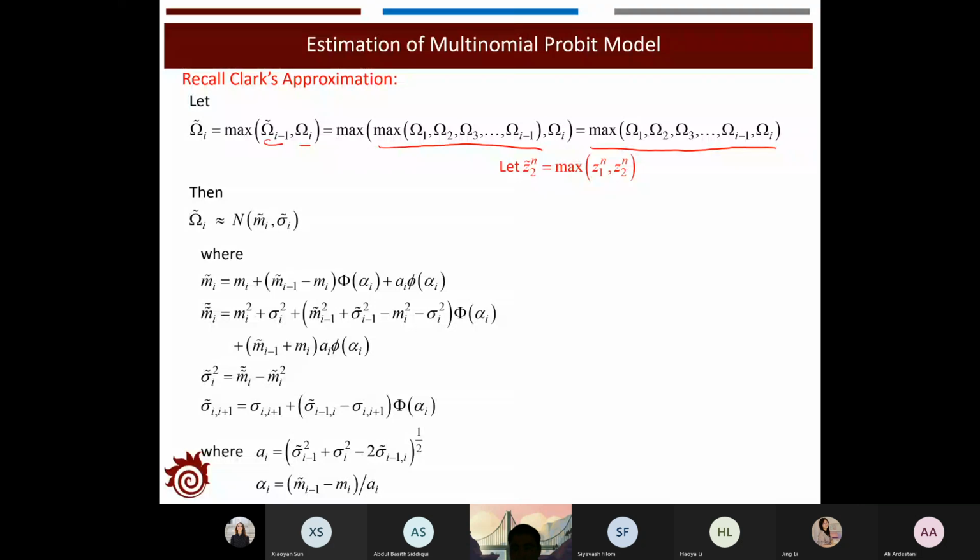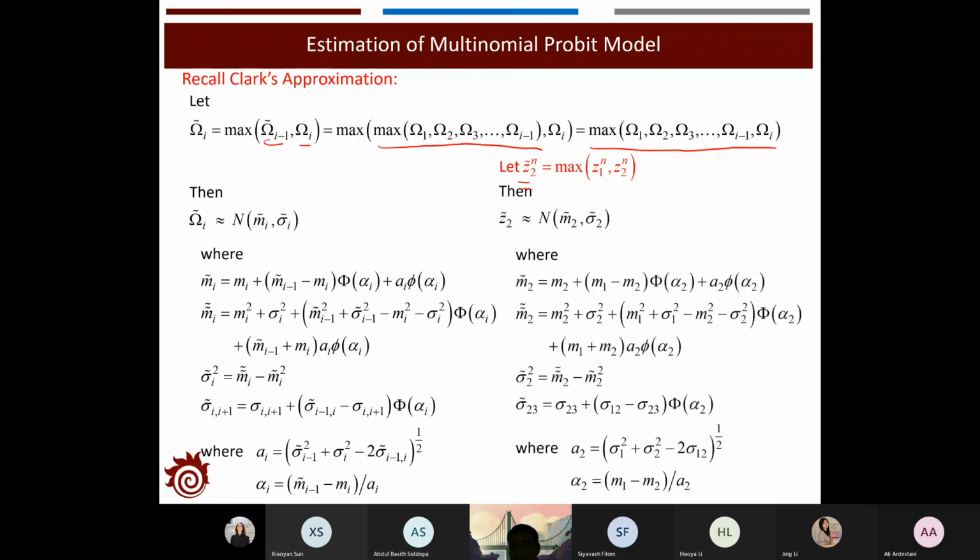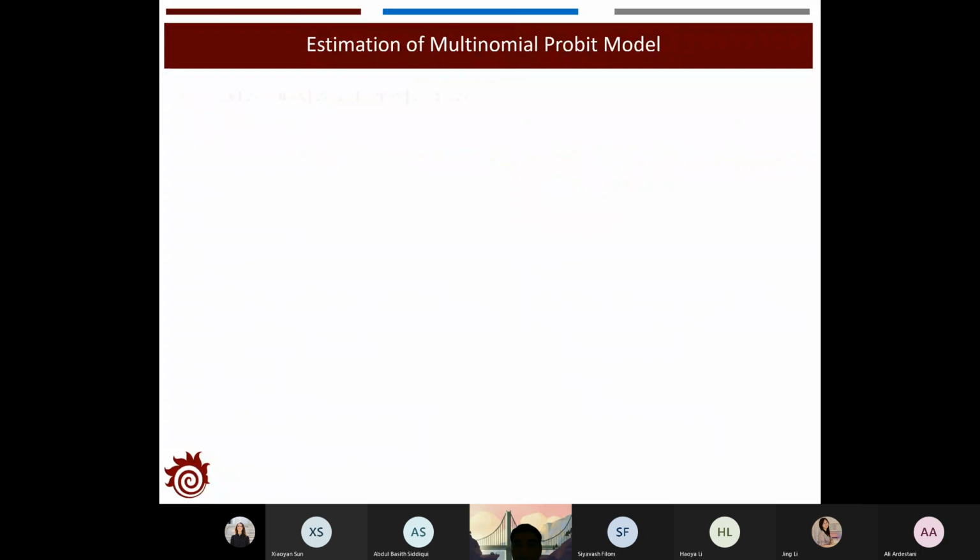If we start from the first one, z1 and z2, we can find out the distribution of z2 tilde as the maximum value of these two, z1 and z2. With that, we can find out the mean and variance for z2 tilde. And similarly, we can extend this for z3 tilde, which will be the maximum value of z1, z2, and z3.